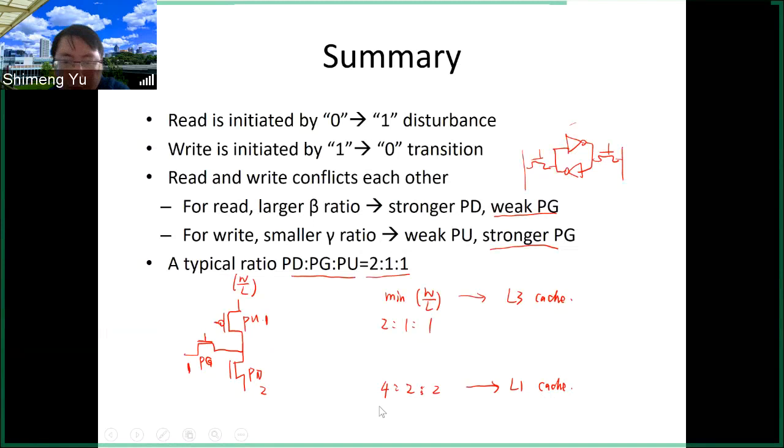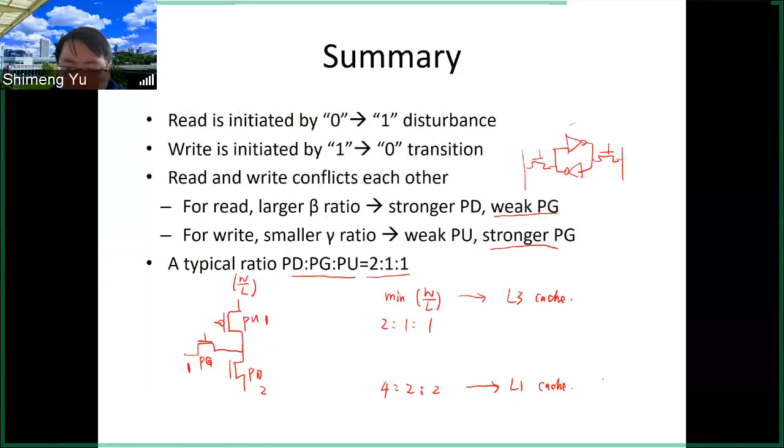Then the trade-off is now you use larger transistors. So the area of the memory cell will be larger. Then the L1 cache capacity will be smaller. Because given the same chip area, if each cell is larger, then the number of cells will be smaller. That's why the L1 cache capacity is small.